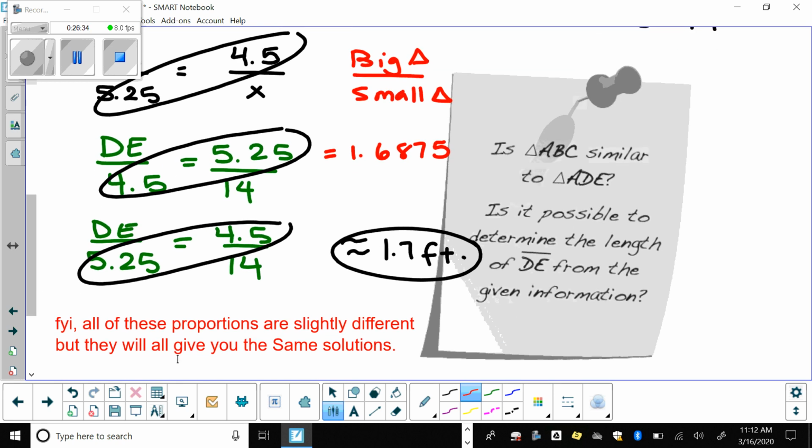And then you could just kind of see my little side note. So I've given you multiple proportional setups. I am consistent every time, but notice I'm always multiplying the same thing together, and therefore I'm going to always get the same solution.